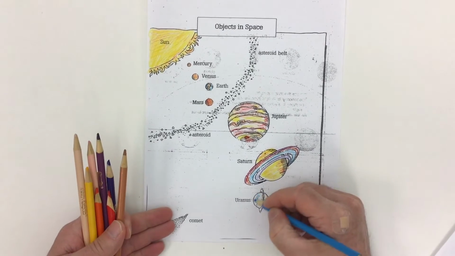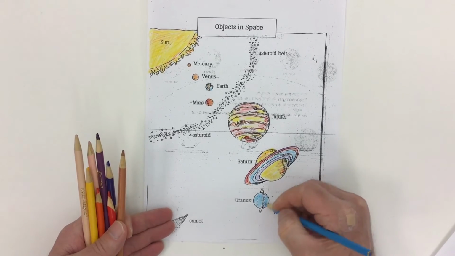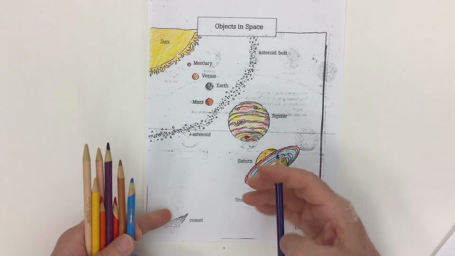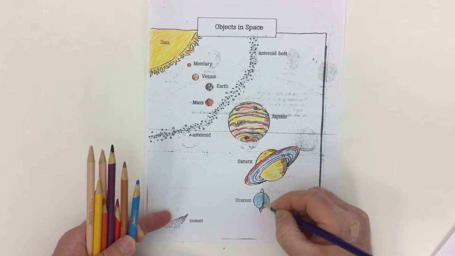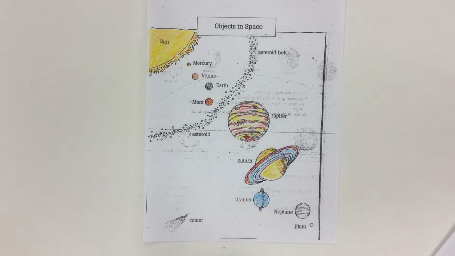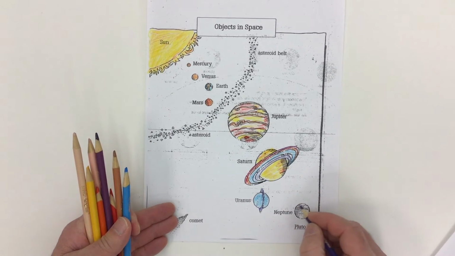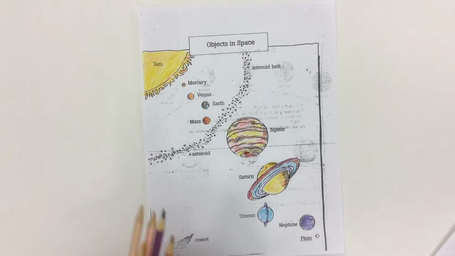And we've got very cold Uranus. It's got a ring around it, but it goes the other way from Saturn's. And we've got Neptune, another very cold planet.